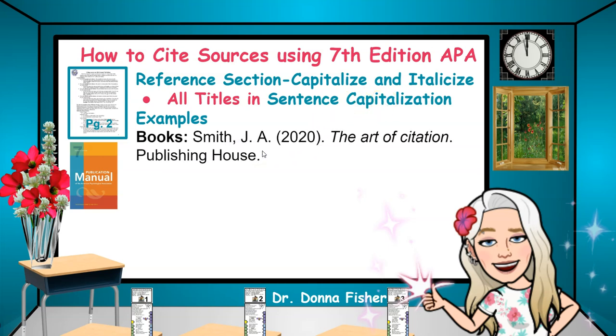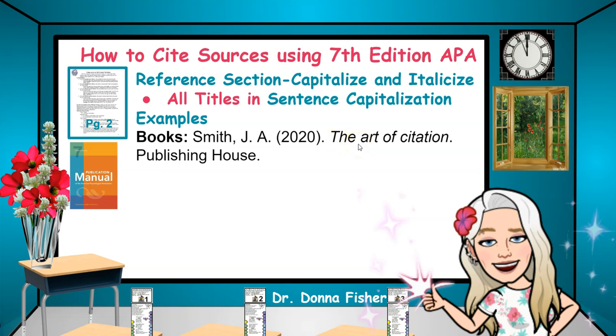So here's an example of books. This would be exactly how you italicize and capitalize. So we have Smith, you only put his last name, comma, and his initials, J. A., and then a space, in parentheses, the year that it was published, with a period after that, then a space, and then in italics, the title of the book.